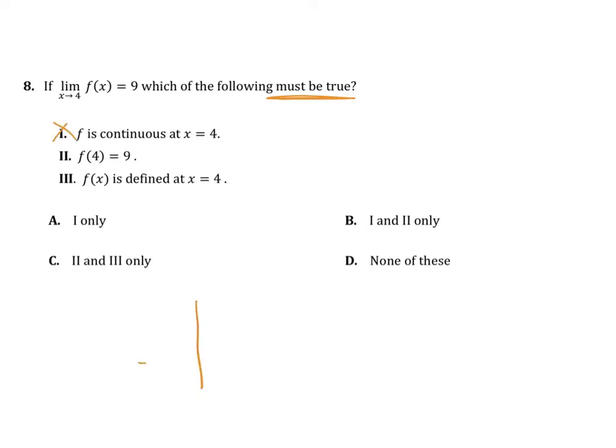We could sketch this and see that, just make an open circle here, make this at 4, and make this limit here at 9. Notice we're not continuous, however, our limit does exist. f at 4 equals 9, that doesn't have to be true. And f of x is defined at 4, that doesn't even have to be true. So none of those things have to be true.